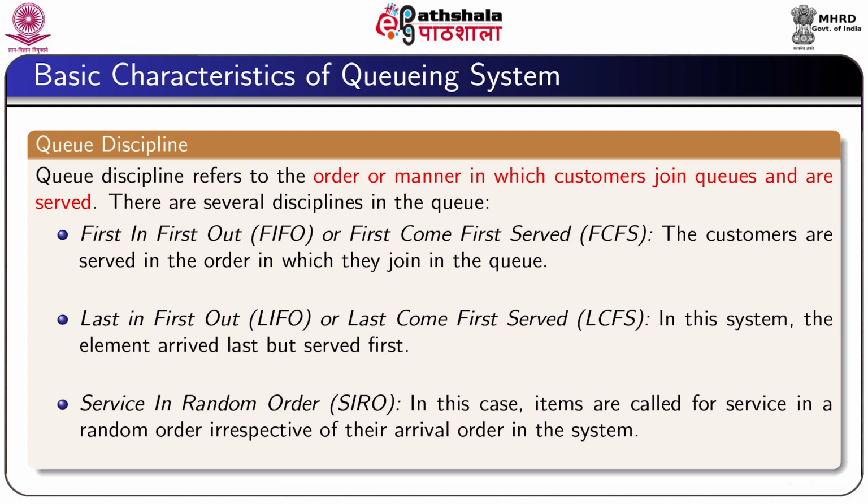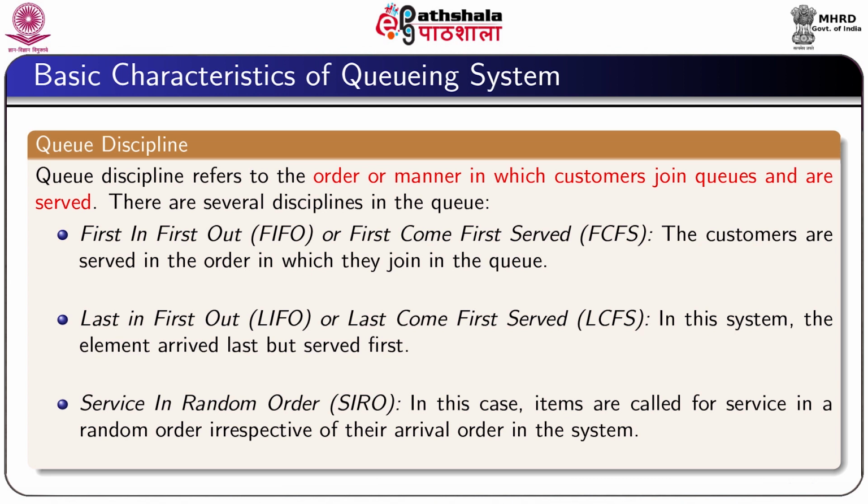There are several queue disciplines, for example, first in, first out or FIFO, which is also called first come, first served, FCFS; last in, first out, that is LIFO, which is also called last come, last served, LCFS; service in random order, SIRO; or service by priority.